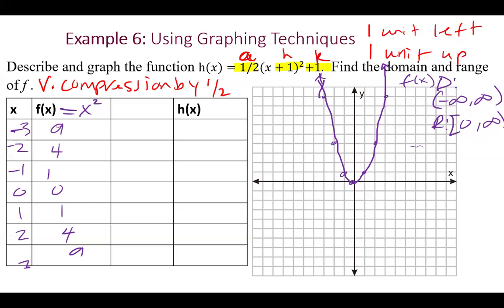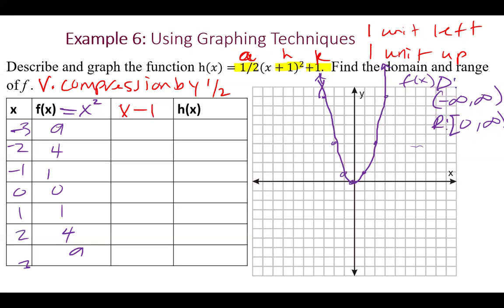All right, so we're going to do it again. You're the calculator. We don't need it. We got it. All right, so to find our new x, which variable is affecting our x? Which one of these affected our x? The h. The h is the only thing that affected our x, right? So that means to all of my x values, in order for me to go 1 unit left, what am I doing to those x values?